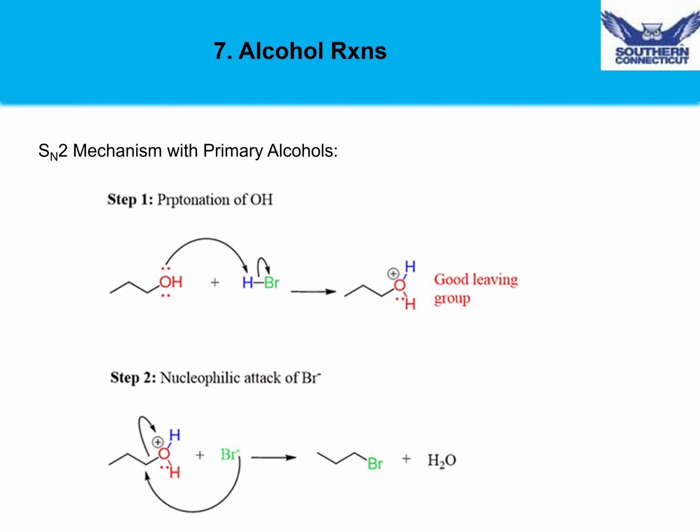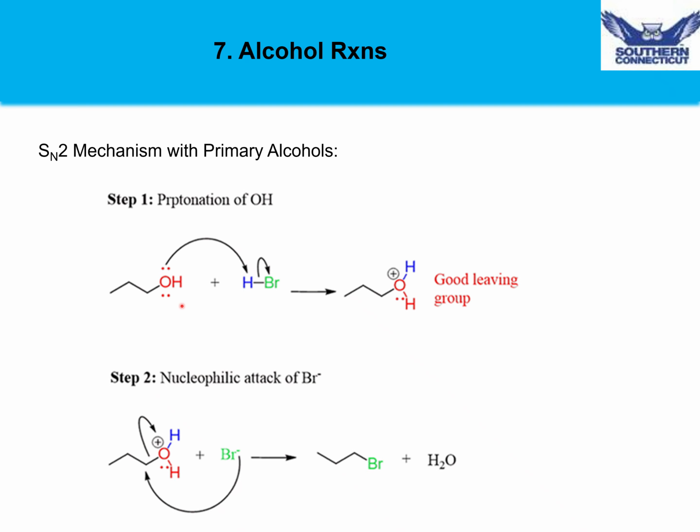Primary alcohols generally react with acids such as HCl, HBr, and HI through an SN2 type mechanism, since formation of a primary carbocation, which would be required for the SN1 mechanism, is unlikely to occur. A primary alcohol would first be protonated by the acid to form a protonated alcohol.